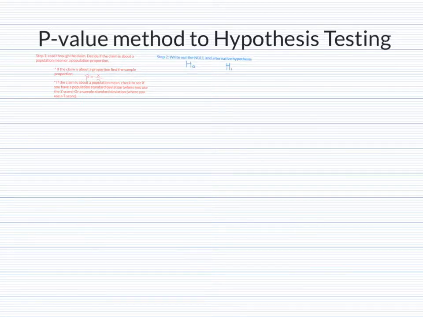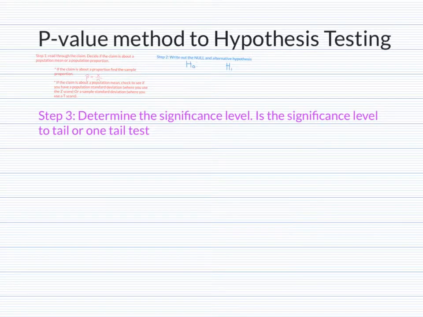Next, let's move on to step 3. We're going to determine the significance level. So that will be our alpha. Then we need to make sure we know if the significance level is a two-tail or a one-tail test.